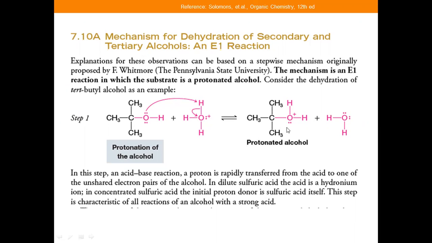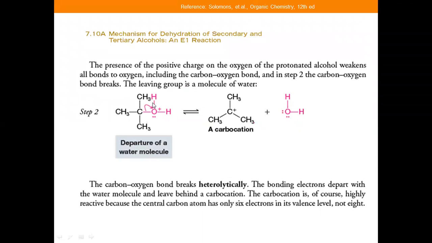Once your alcohol is protonated, it's easy for it to leave. We have discussed before that OH is really very difficult to leave to form a carbocation. For it to leave, it has to be protonated first. So the water molecule can then depart, bringing with it the electron pair, and you get a carbocation.